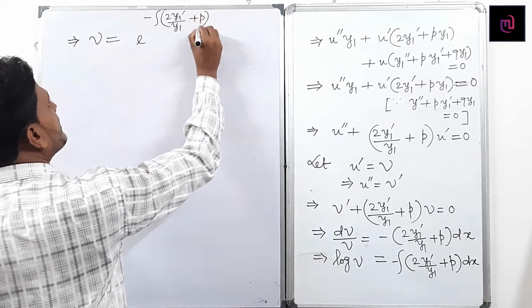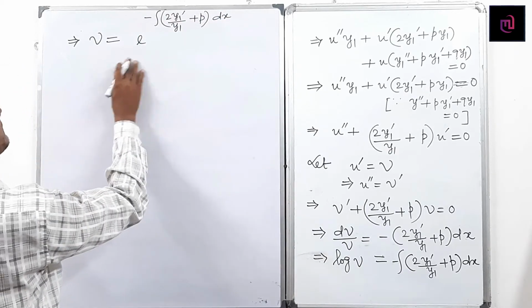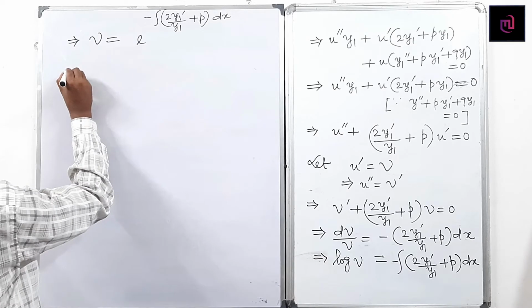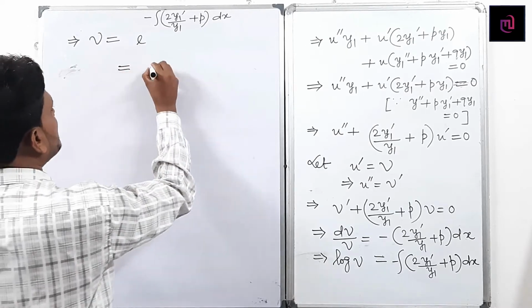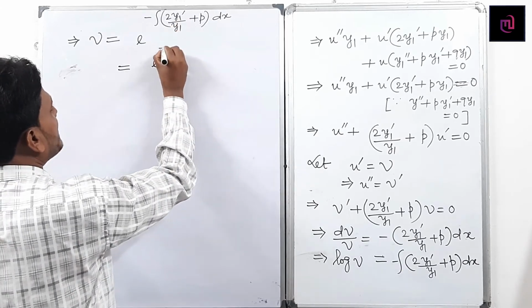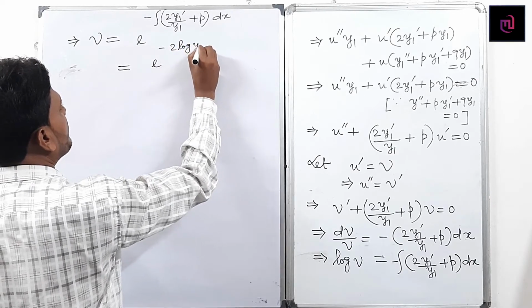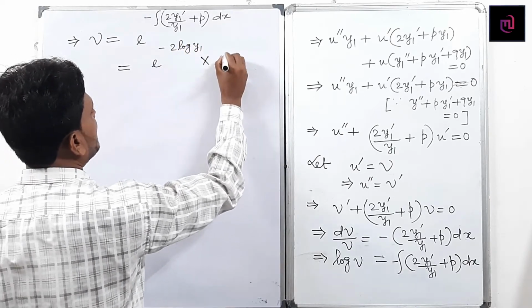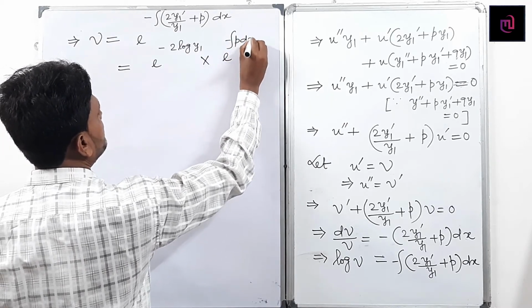So v becomes e to the power of minus 2 log y1 into e to the power of the integration of minus p dx.